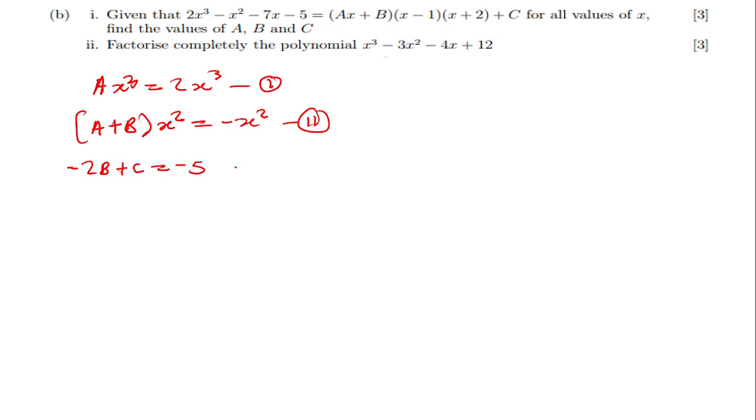Okay, and then the third equation was 2ax plus bx equals 7x.